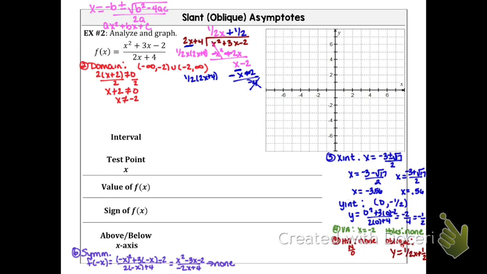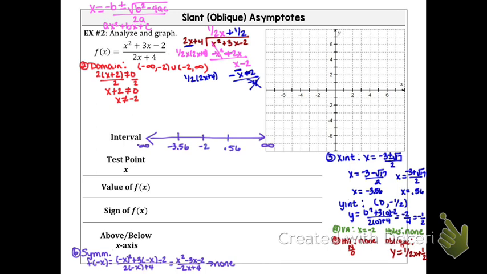So I'll create my number line right here. So I have my negative infinity, I have my infinity. Let's see, we said it's going to be our x-intercepts, negative 3.56 and 0.56, and the vertical asymptote at negative 2.